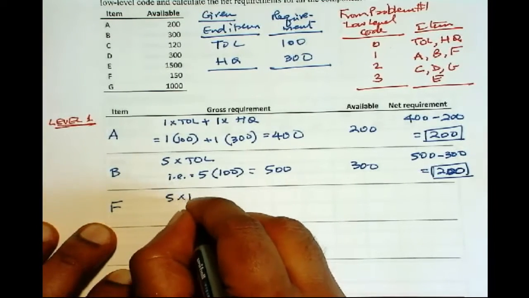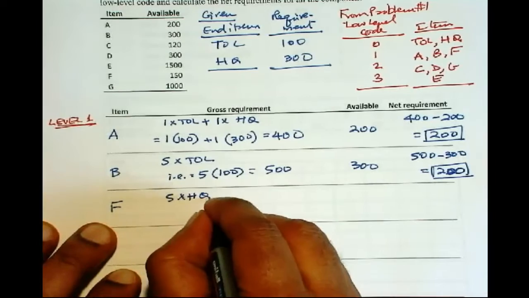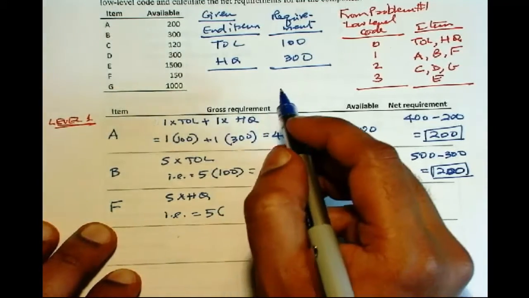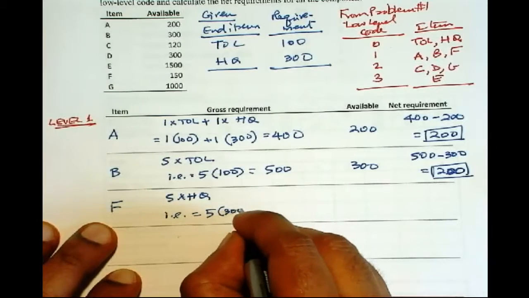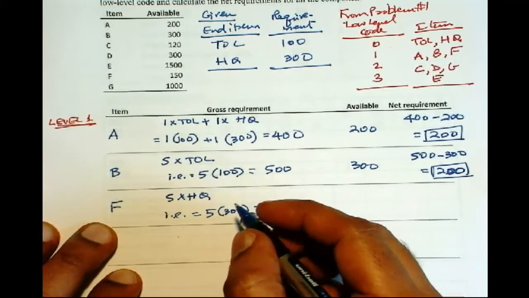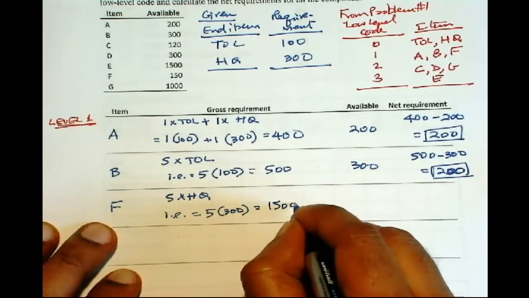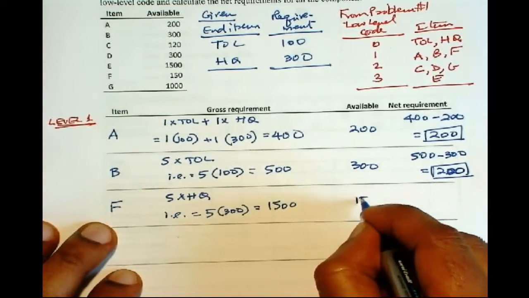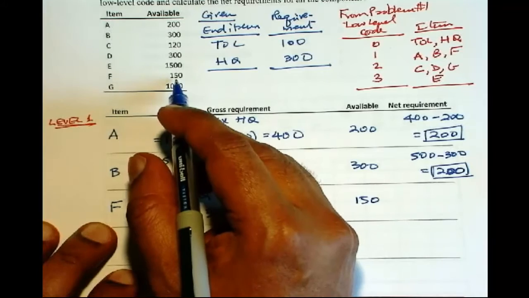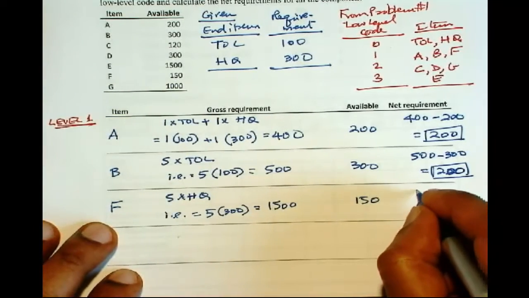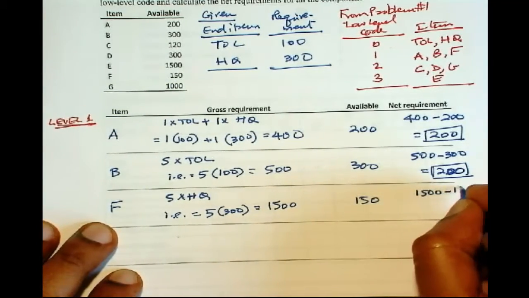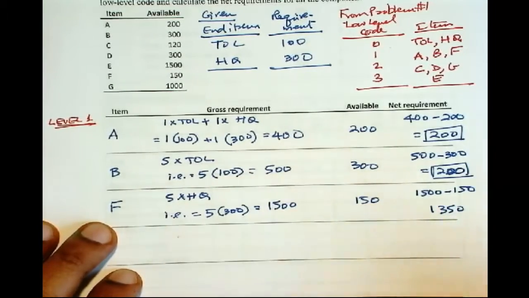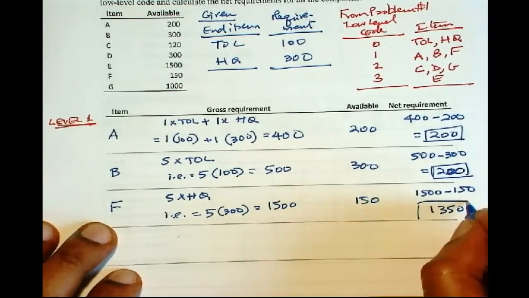So 5 times HQ, and that is equal to 5 times 300, so you get 1500, and we have 150 available from here, so 1500 minus 150 is 1350. So that's the net requirement for F.